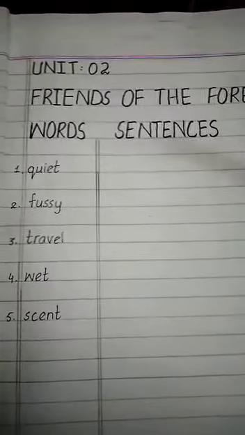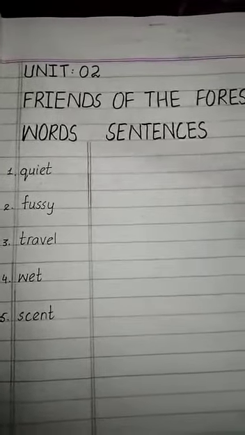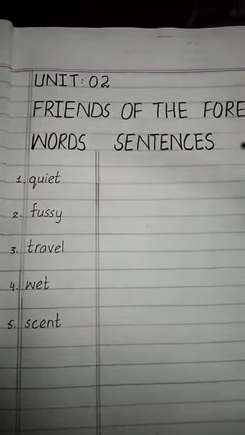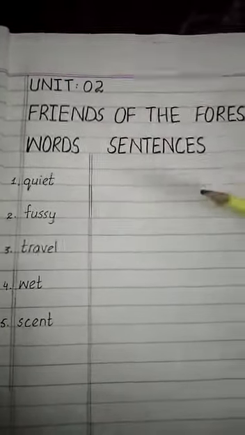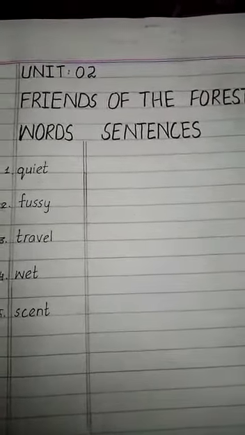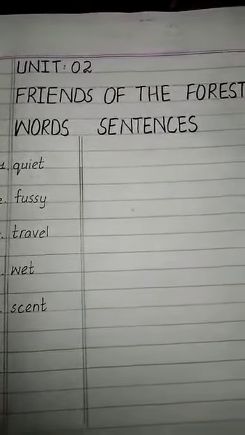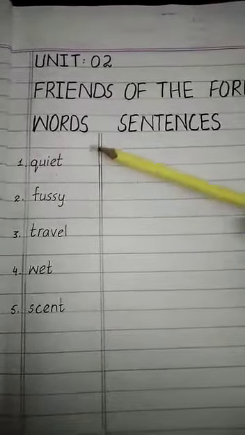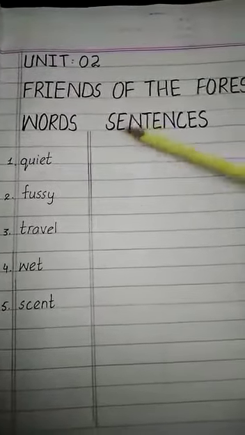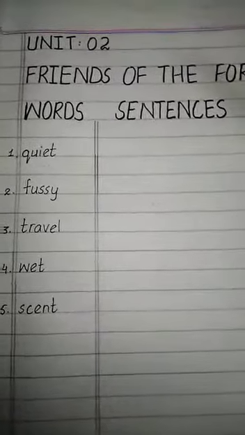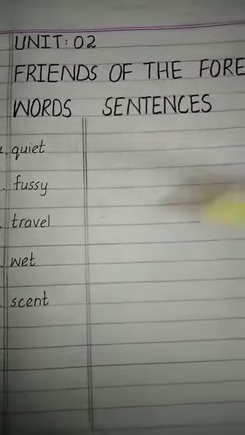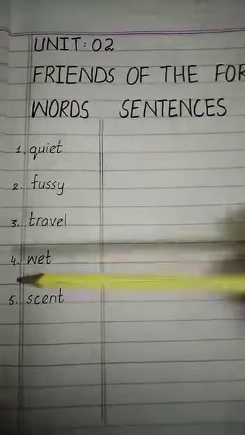So you can also make a sentence like, the teacher asked the students to keep quiet, or Alia is quiet since morning. वो सुबह से खामोश है, so Alia is quiet since morning. This is the first word, and I have told you many sentences, but you will have to make your own sentence, not one of these sentences. You can take help from these sentences.